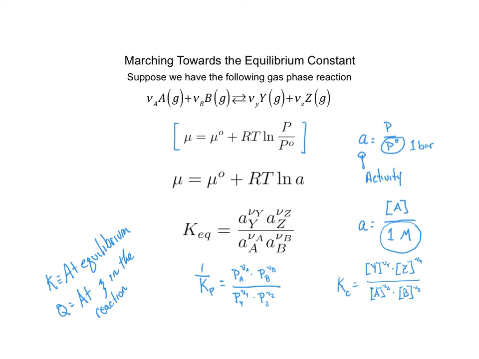And so at any point in the reaction, we can solve for Q. At equilibrium, Q is equal to K. And so if we are trying to find K, we must use equilibrium pressures or concentrations.